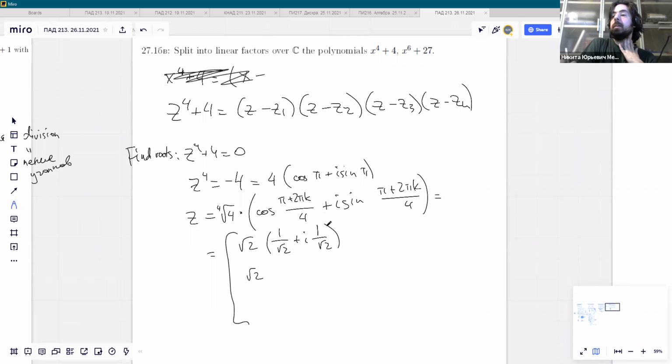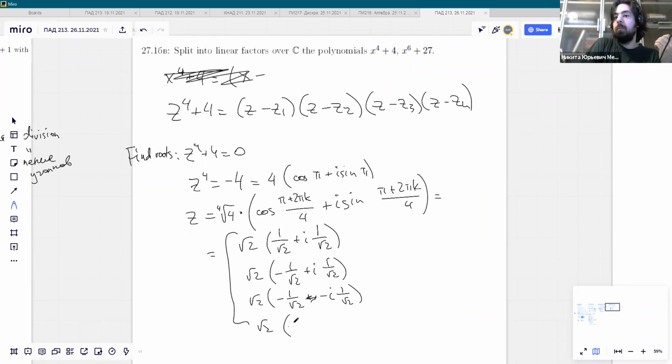Then for the next angle, the cosine becomes negative. For the next angle, they both become negative. And for the next angle, the first one becomes positive.